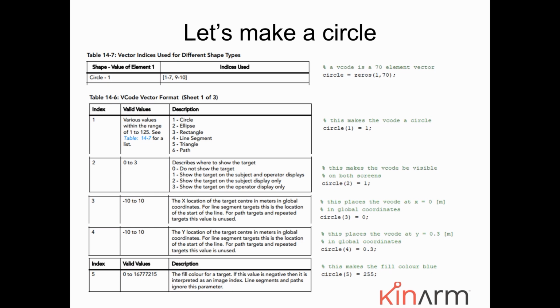Circle 5, we set the color. There are different ways to convert a color you want into an integer here. I'm not going to go into them, but I know 255 is blue, so I'll make the circle blue. Circle 6 and 7 have to do with the stroke or outline of the target. I don't want that, so I'll leave them at 0. Circle 8 has to do with something called background codes.